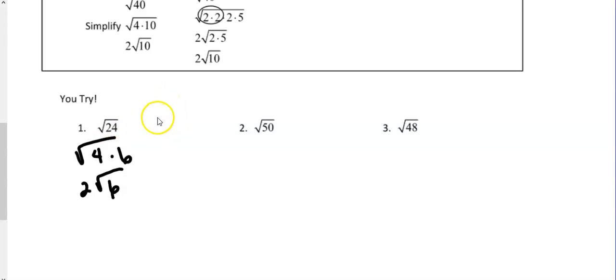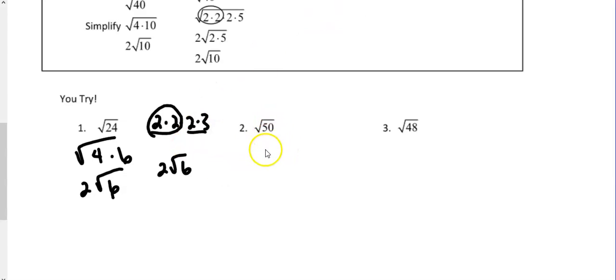If I did the factorization, 2 times 2 times 2 times 3, there's my pair. Pull out the 2, 2 times 3, I'm left with 6. So pairs can come out, everything else must remain.